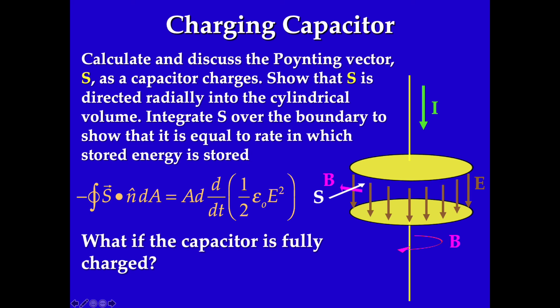The flow of energy is radially inward. You just take E cross B in that particular example, and you'll see it's radially inward all the way around. Okay?